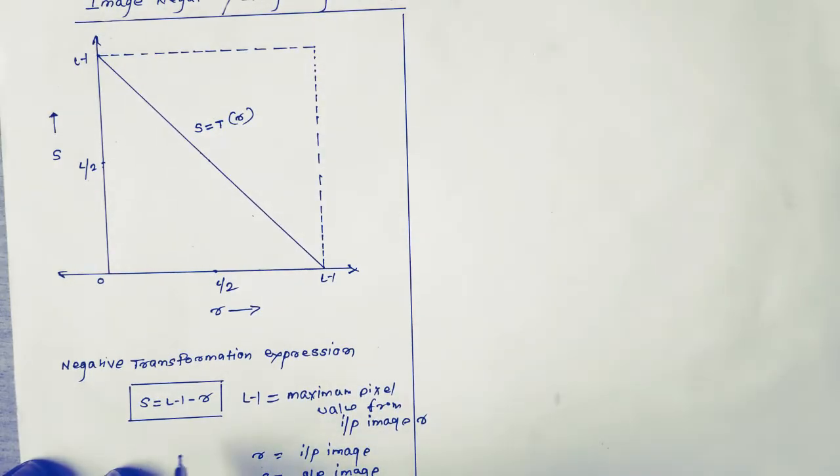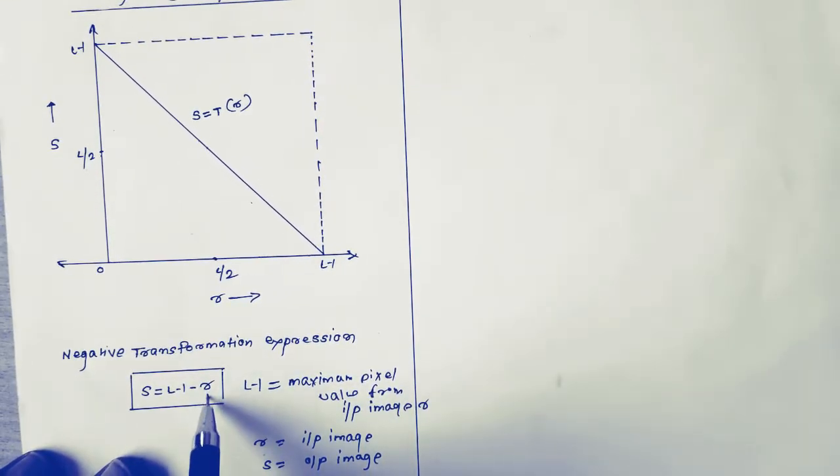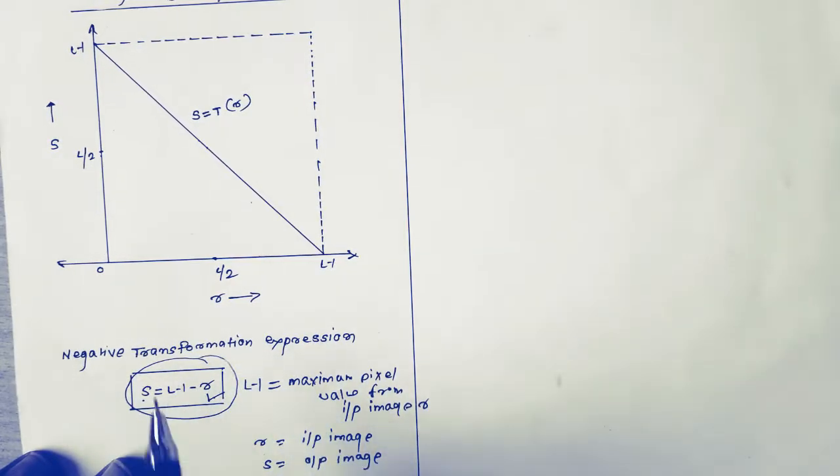We are going to transform the input image R from input to output with the help of this transformation expression, that is S equal to L minus 1 minus R.